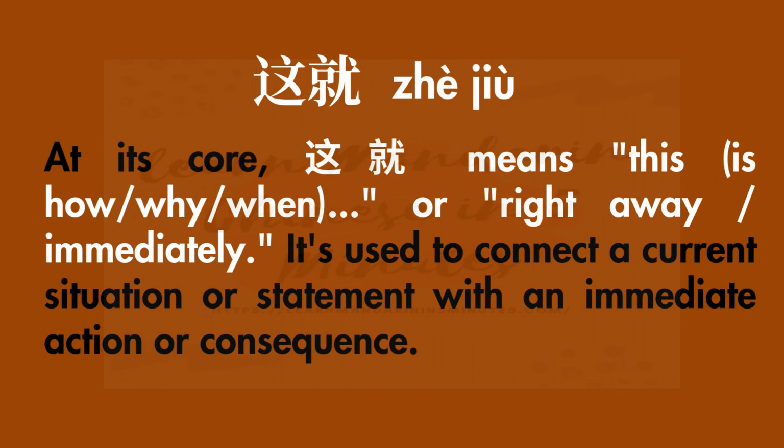At its core, 这就 means this is how, why, or when, or right away or immediately. It's used to connect a current situation or statement with an immediate action or consequence.